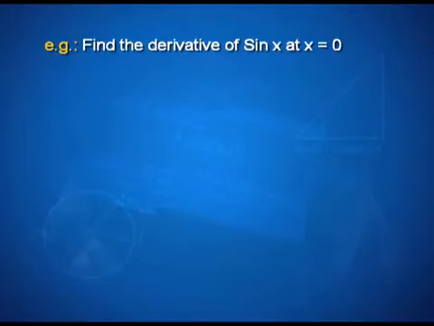Here is an important remark for you. At this stage, please note that evaluating derivative at a point involves effective use of various rules limits are subjected to. The following example illustrates this. Find the derivative of sin x at x is equal to 0.